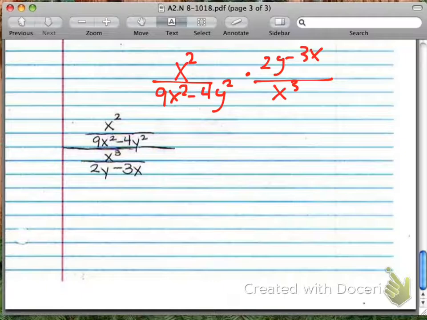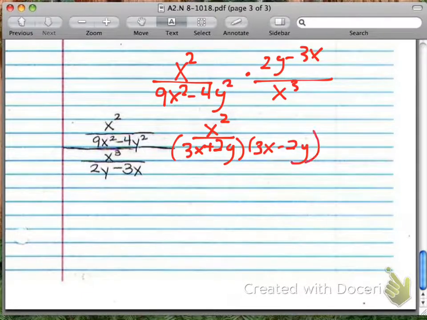Over here, x squared can't be factored anymore, right? What about down here? What is this? It's the difference of squares again. So what do you end up with? 3x plus 2y, and then 3x minus 2y, right?